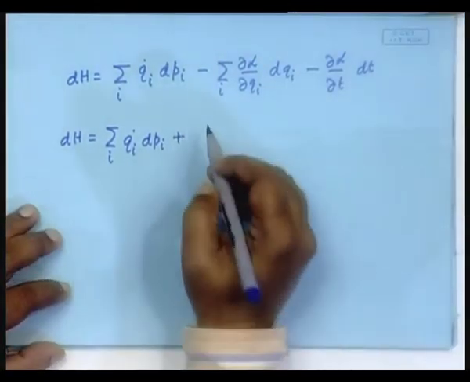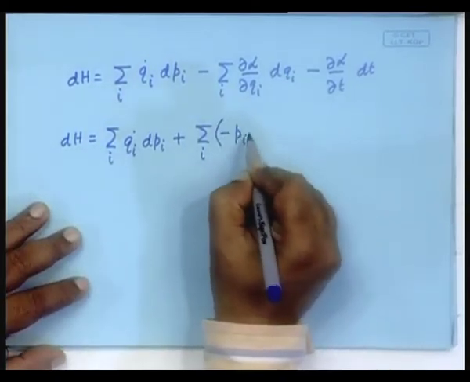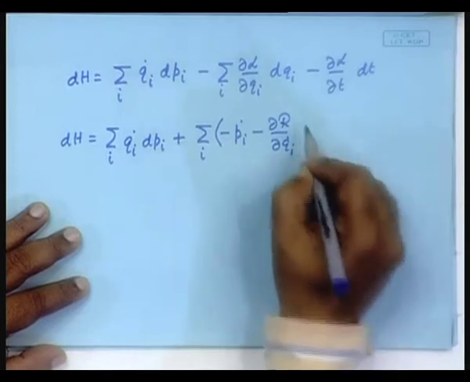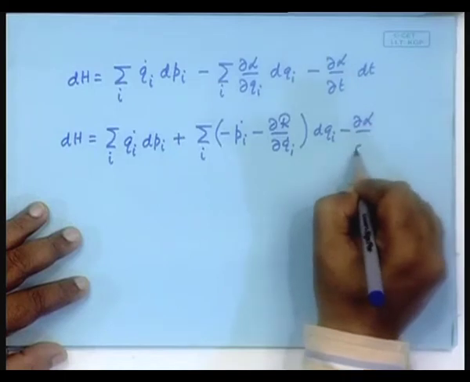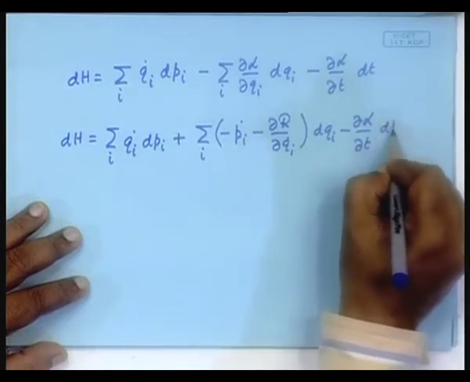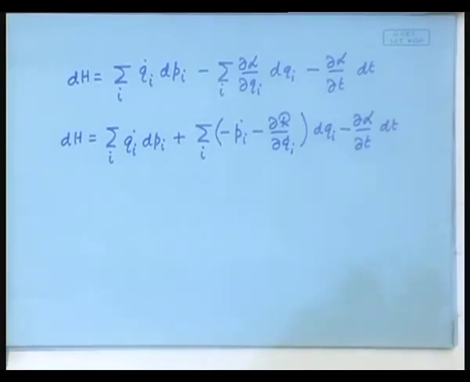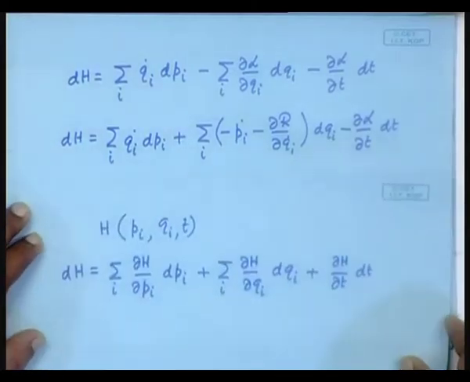Let us start with plus, and sum over i, it will be minus pi dot minus derivative of the Lagrangian with respect to qi dot, dqi, minus the derivative of the Lagrangian with respect to t, dt. Okay. Happy? Well. Now, you see we have obtained this from the right hand side, and this was another equivalent expression we had obtained.